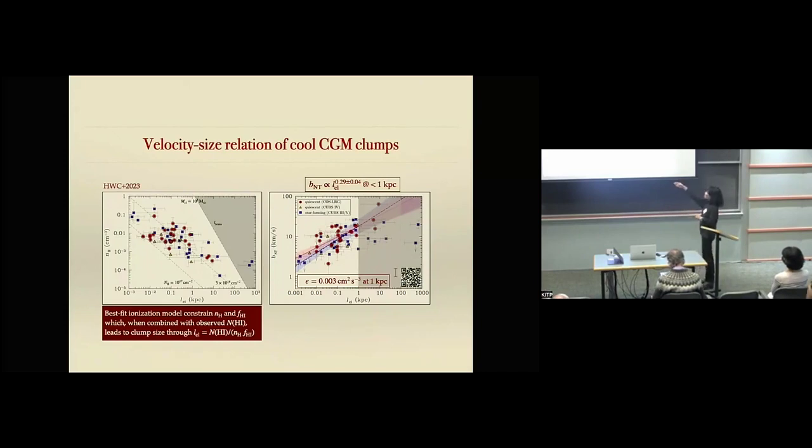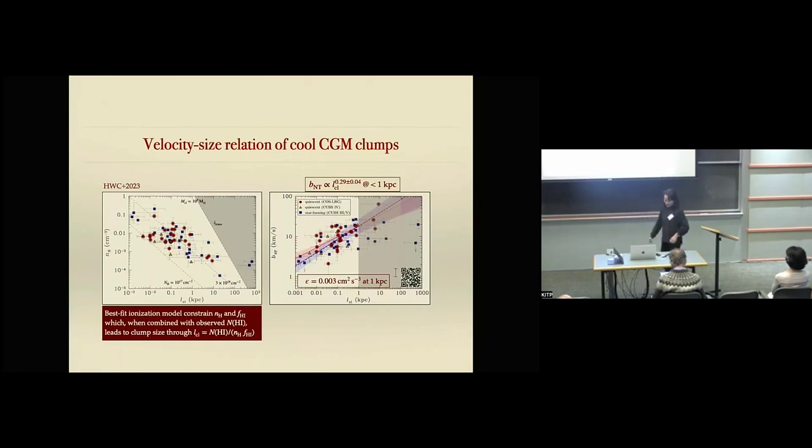But using the size information, we can look at the velocity size relation. So this is the power of absorption line that allows us to resolve clumps down to 1 parsec scale. And going over to 1 kpc, if I just consider the 3 orders of magnitude range, we get a very nice slope that follows 1/3 within the 3-decade dynamic range.